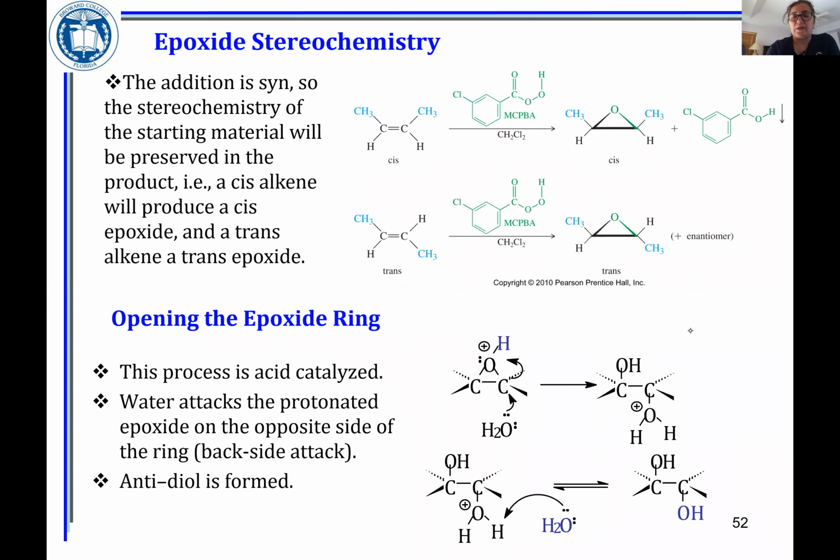So if you add water to the epoxide ring, okay. The reagent that we use is always peroxyacid. So this is the peroxyacid. If you just say RCOOH, that is acceptable.